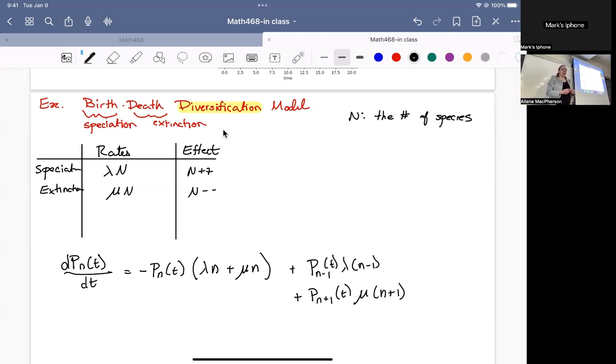All right. What is the smallest value of n that I could have? Could n be 2? Yeah, you could have 2 species. Could n be 0?